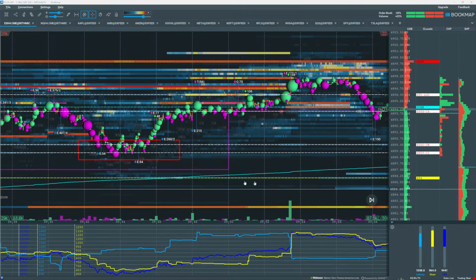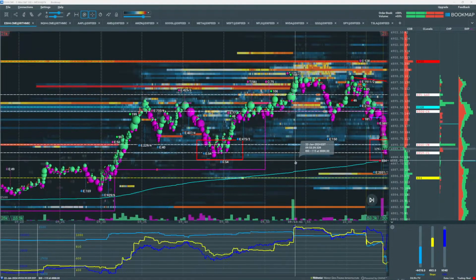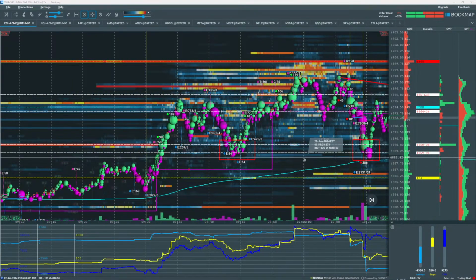So a good entry point at 48.60. So the call wall in this case acting as support. All right, so that's the long entry, as traders again were taking positive delta positions.